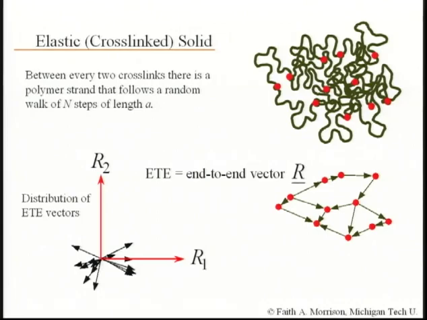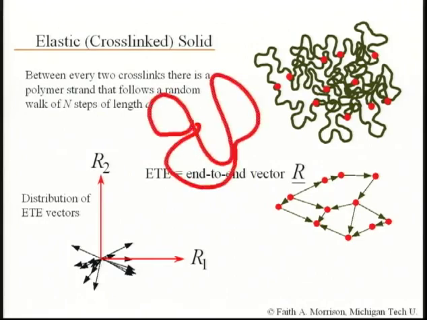And this requires, again, physical modeling, and we're only going to be able to briefly indicate to you what they are. But imagine you have a cross-linked solid. I've highlighted the cross-link points by these red dots. And I can model each of these individual chains between cross-link points as the random polymer chains that we've already discussed.